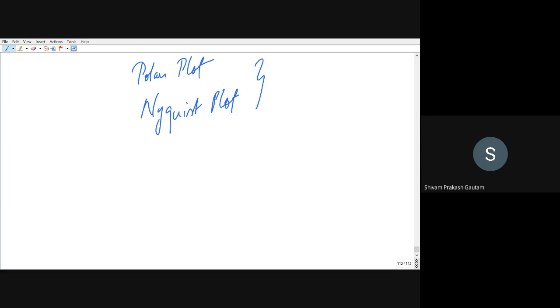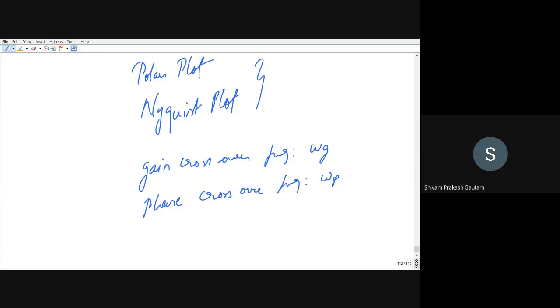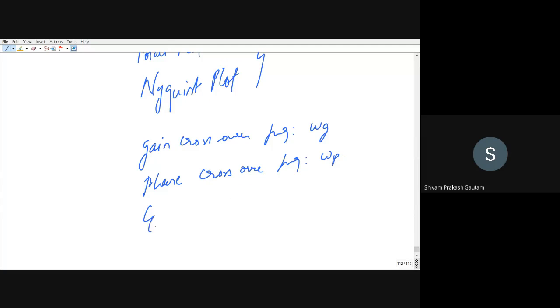From these plots, we have certain terms such as gain crossover frequency, referred to as omega g, and phase crossover frequency, referred to as omega p. We have also seen gain margin, that is GM, and phase margin, that is PM.